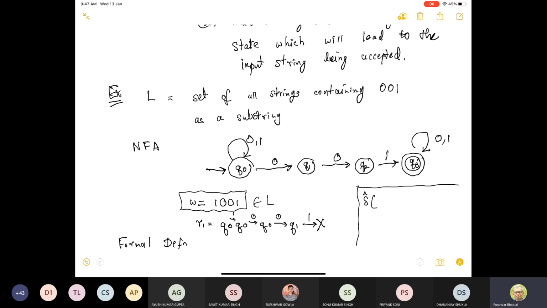So delta hat Q0, 0 is Q0, Q1. What is delta hat Q0, 0, 0, 1?